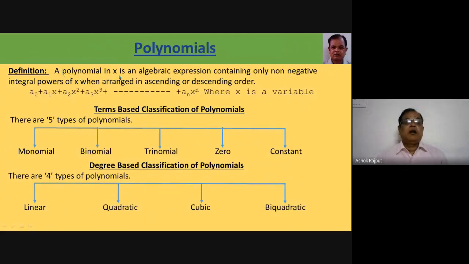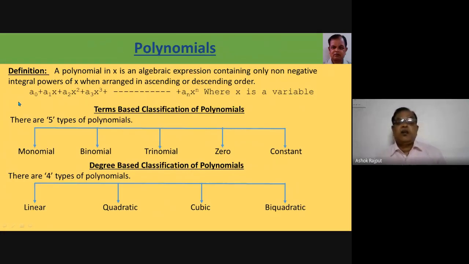A polynomial in x is an algebraic expression containing only non-negative integral powers of x when arranged in ascending or descending order. It is compulsory.